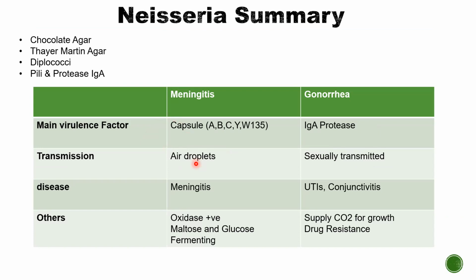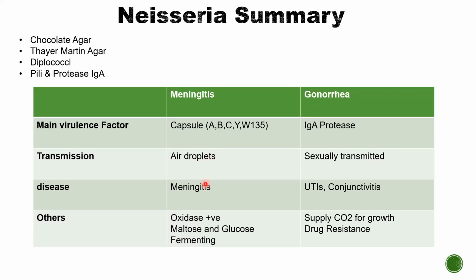I'm not sure if it was mentioned or not, I don't remember seeing it. This is very common in Hajj because its transmission is by air droplets. Any disease transmitted by air droplets, its incidence increases a lot in crowded areas.